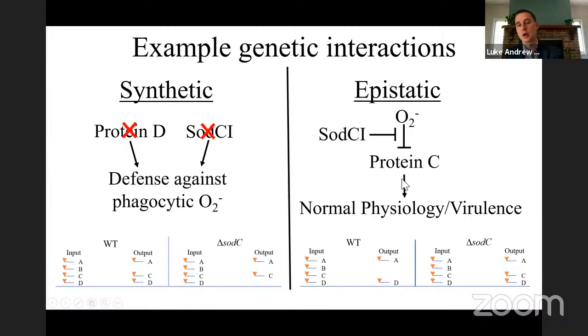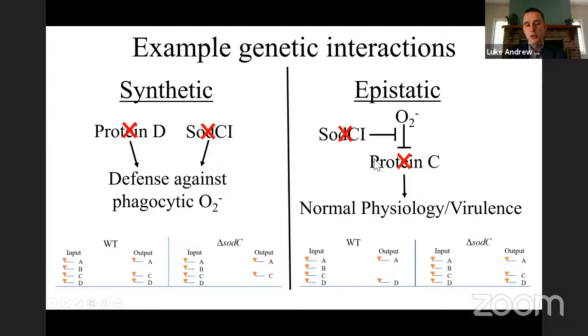Another common interaction we might think about is an epistatic interaction. In this example, I'm showing protein C, which under a wild type scenario, SOD1 protects from superoxide, and its function could be either normal physiology or involved in virulence. So in the wild type scenario, if we have insertions in protein C, we're losing this normal function, and those mutants are going to be attenuated relative to the rest of the population. That will present as decreased abundance or absence of insertions in gene C in our output data.